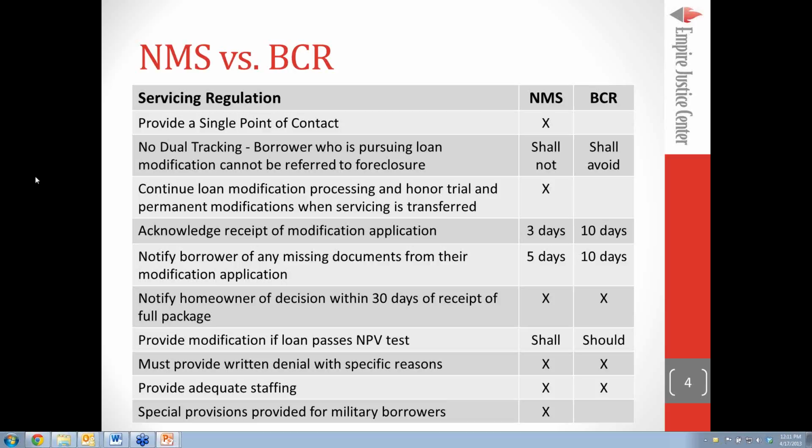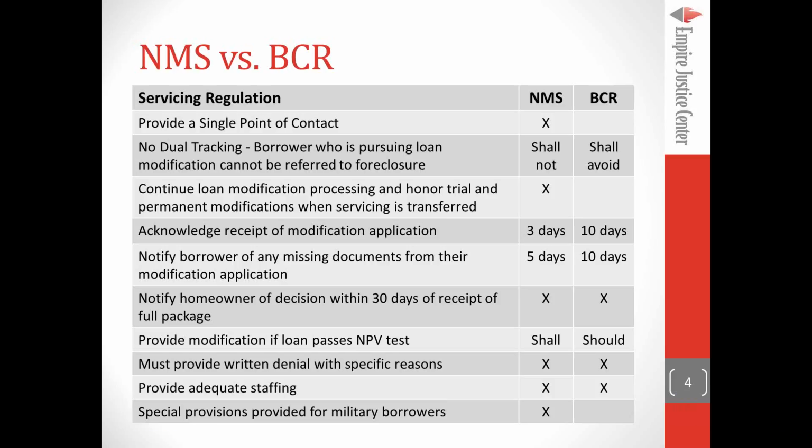If the servicer offers the borrower a loan modification, the servicer must continue to delay any action in the foreclosure proceeding until the borrower accepts or denies the offer. If the borrower accepts the offer, the foreclosure proceeding must be suspended unless the borrower fails to perform on the loan modification. These are very specific regulations and very important.